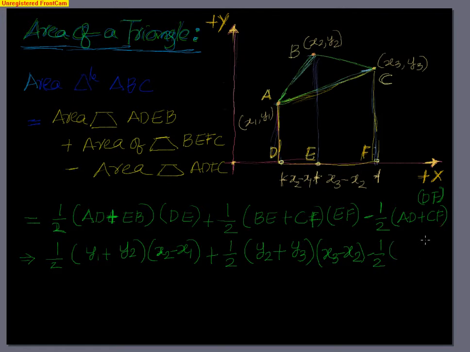AD is y1, CF is y3. I think you are pretty much with me. We are only plotting the coordinates, nothing else. And what is DF? DF is the x coordinate of x3 minus the x coordinate of x1. So it becomes x3 minus x1.